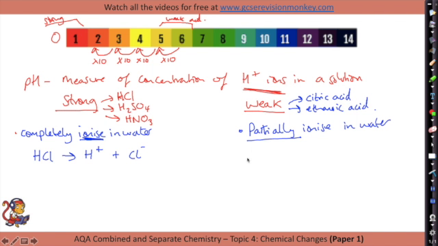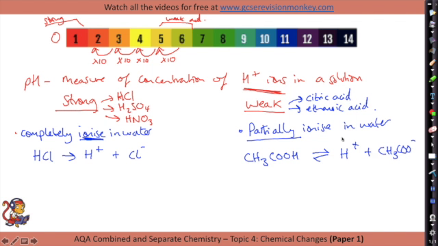Partially ionizing means that if you have, for example, ethanoic acid, which is CH3COOH, when that breaks down in water, it's actually a reversible reaction. You do get hydrogen ions and the negative part of the ion as well, CH3COO-. So it does break down and form hydrogen ions, but because it's reversible, these form again to produce ethanoic acid.